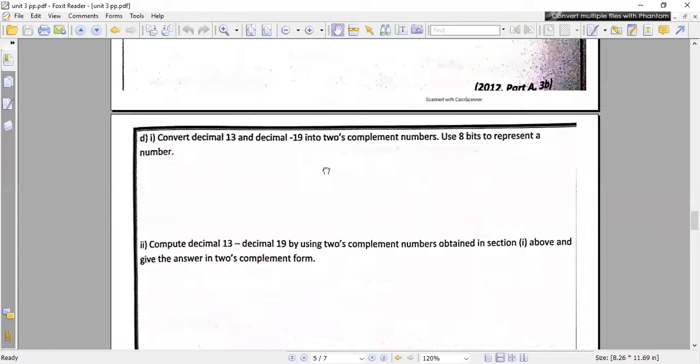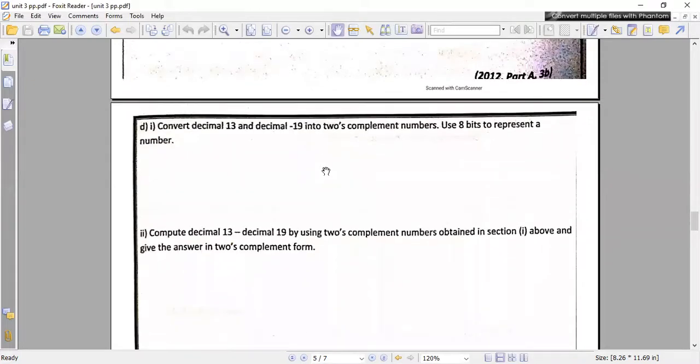Convert decimal 13 and decimal minus 19 into 2's complement number. Use 8-bit. They are also the same way. 13 is positive, so you don't have to worry about that. You just convert it like a binary.